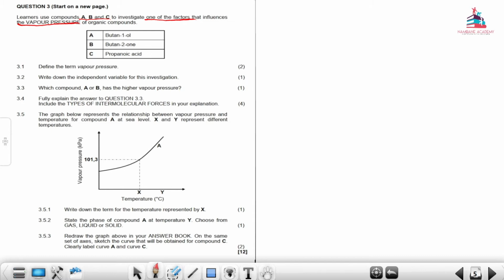We did say how many factors do we have? We have 3 factors. One is chain length. One is the number of branches. The other one we said is the functional group. So with that, already I know what the examiner is going to assess.